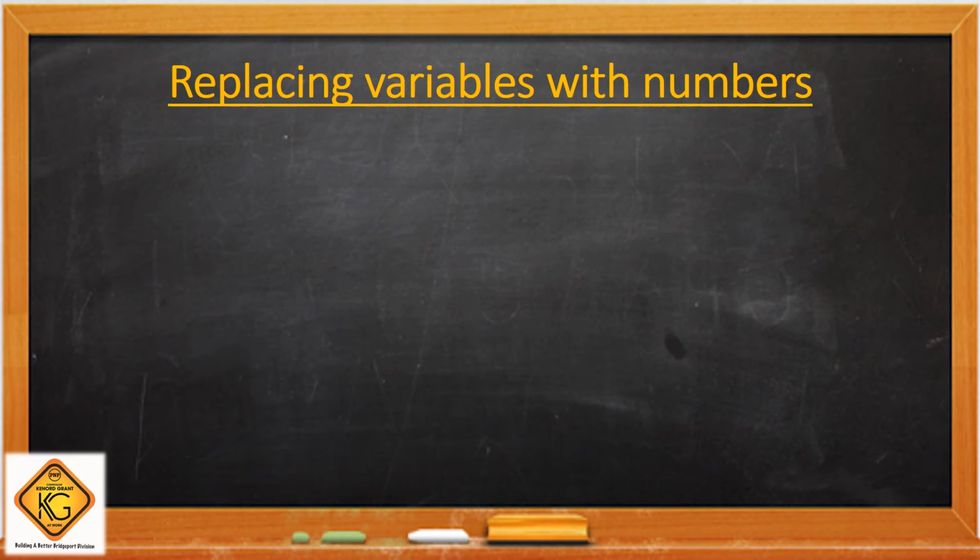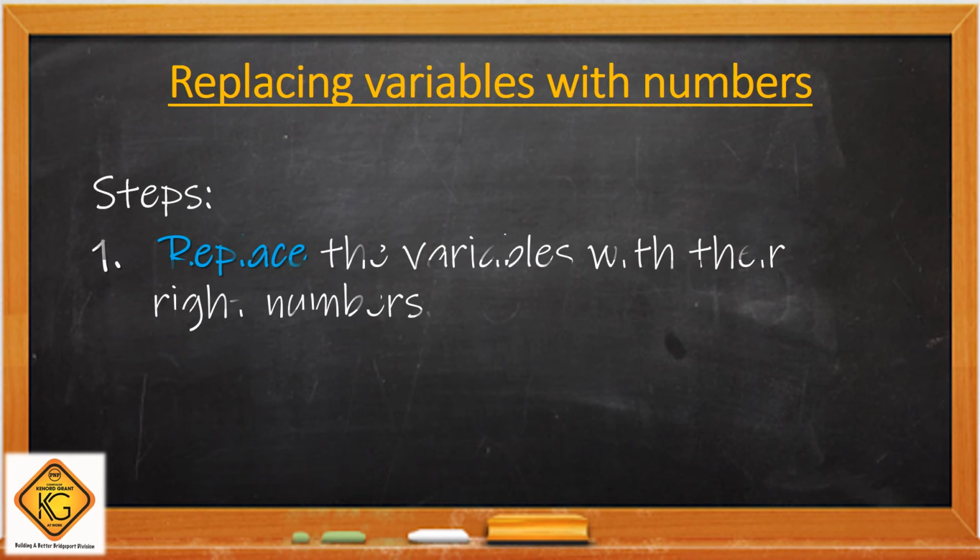If we analyze what we just did, we could come up with the following 2 steps to be taken when substituting variables for numbers. First, we replaced the variables with their respective numbers. Remember, we use variables to represent numbers we do not know.